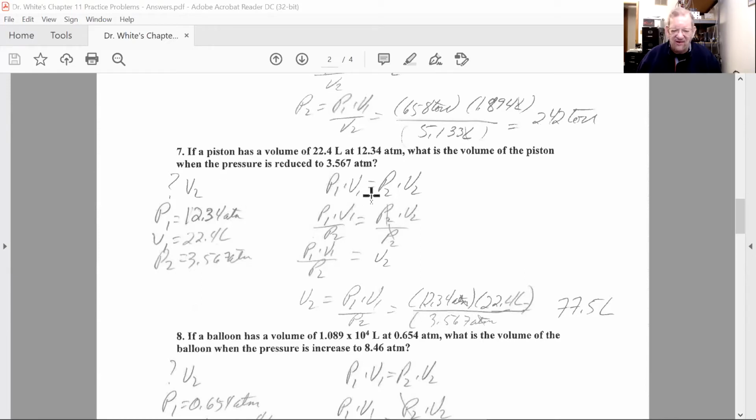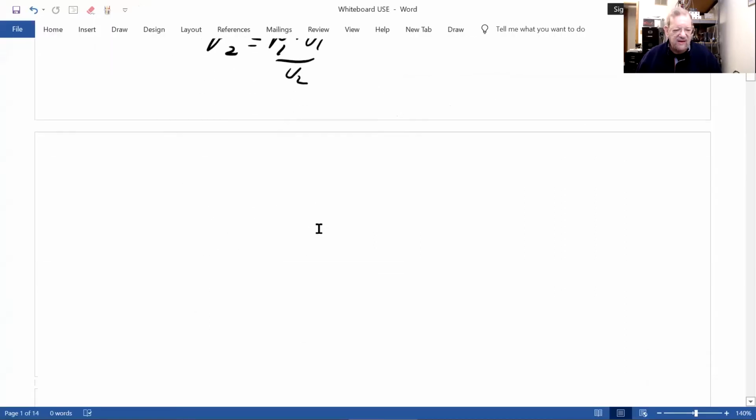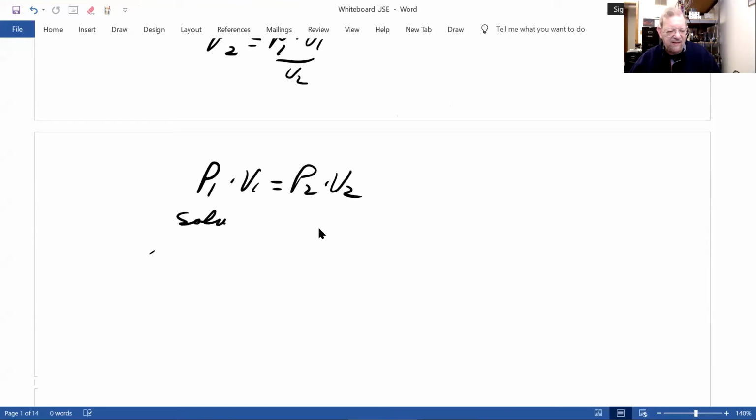That immediately tells you Boyle's law. P1 times V1 equals P2 times V2. We're trying to solve for V2. So how do we solve for V2 using this equation?